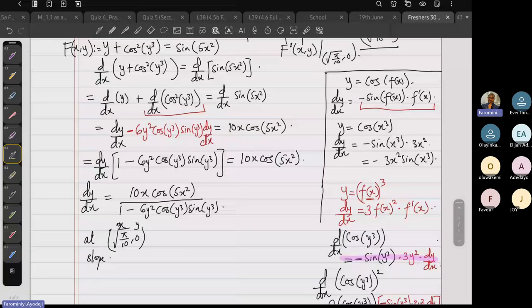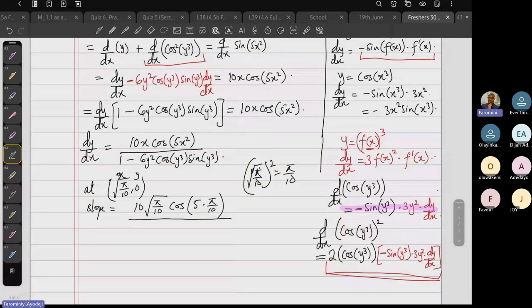So it will be 10 times square root of pi over 10, cosine of 5 times pi over 10. Why is it 5 times pi over 10? Because pi over 10 squared is equal to pi over 10. So instead of 5x squared, we have that.